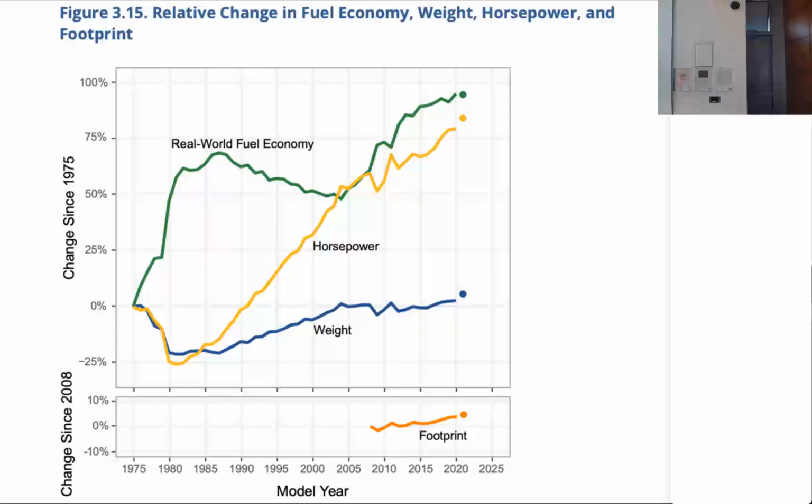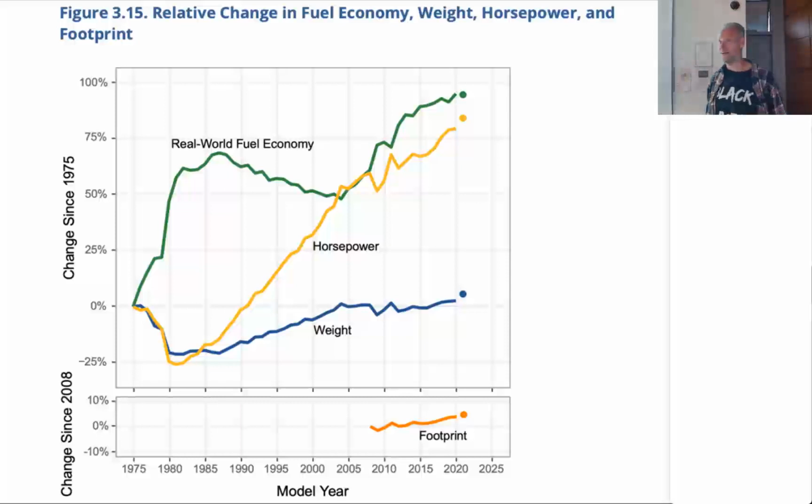And in this particular period, from 1985 to 2000, you see much heavier cars, much more powerful engines, and fuel economy only came down a little bit. So this is a major feat of engineering, right?